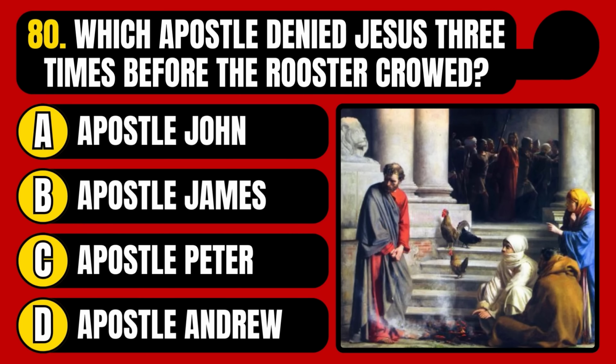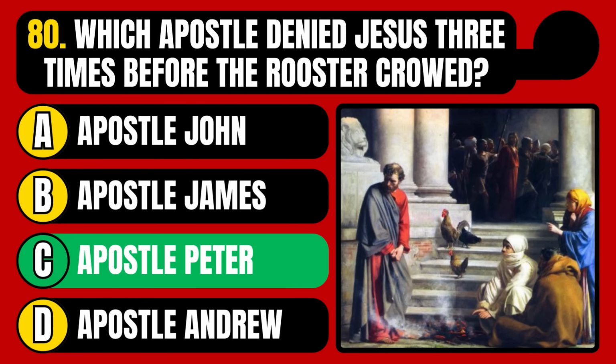Which apostle denied Jesus 3 times before the rooster crowed? Apostle John, Apostle James, Apostle Peter, or Apostle Andrew? The correct answer is option C, Apostle Peter.